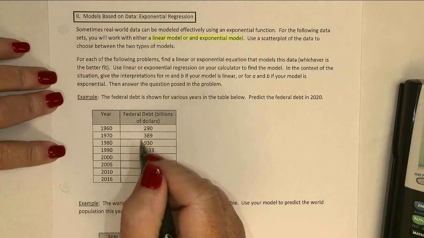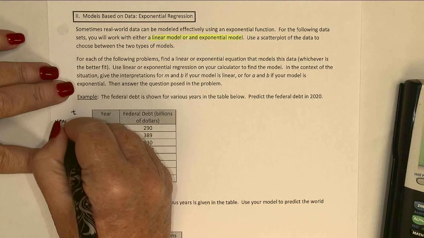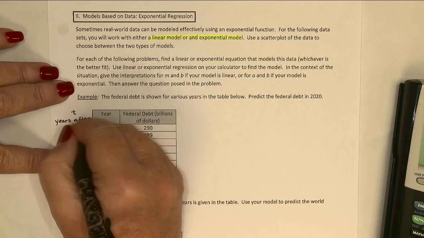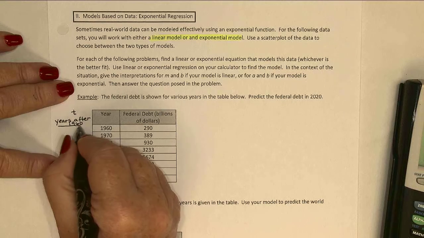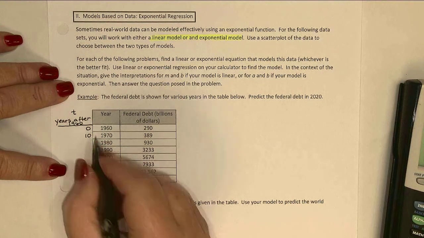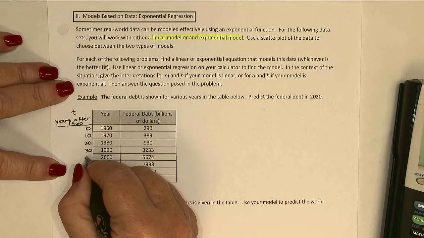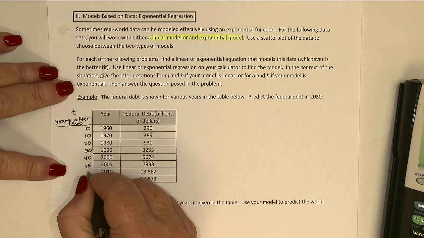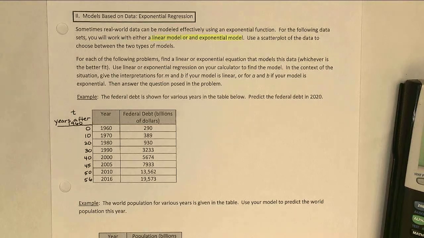Let's say t is years after 1960, since that's the first year in the table. So I'd have 0 and 10, 20 and 30, 40, 45, 50, and 56 for my t values.